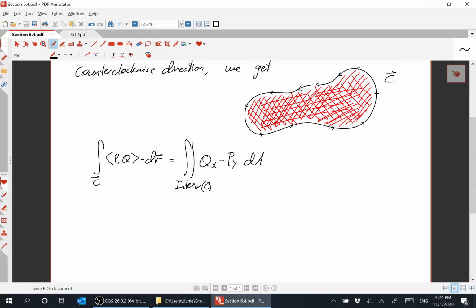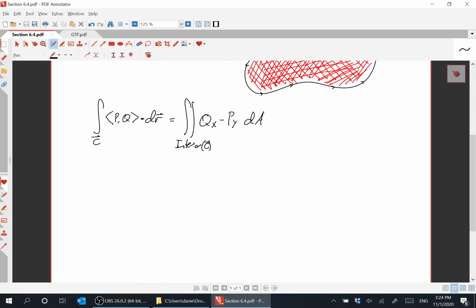Okay, so let's take an example. Oh, and by the way, this is 0 when the vector field is conservative. Let's mention that.